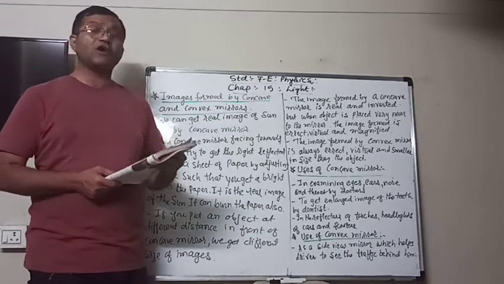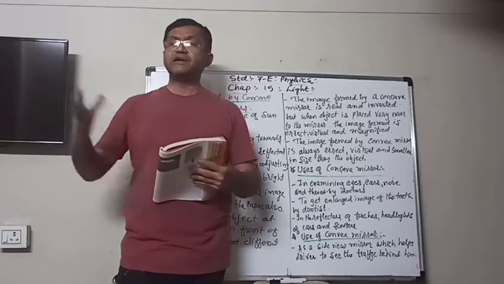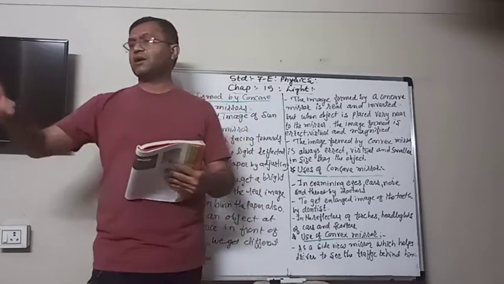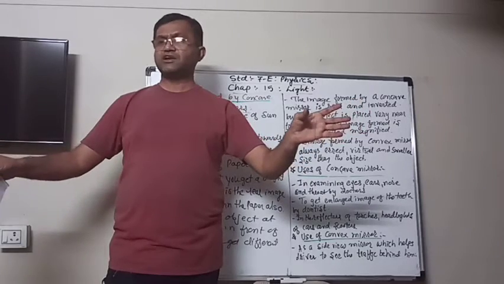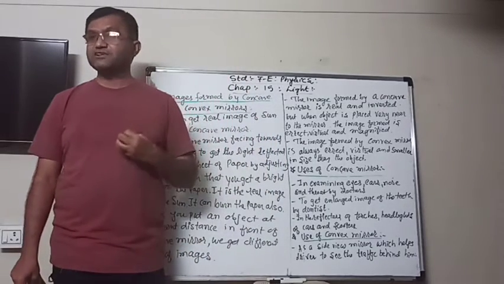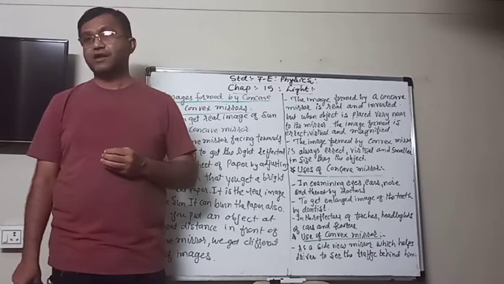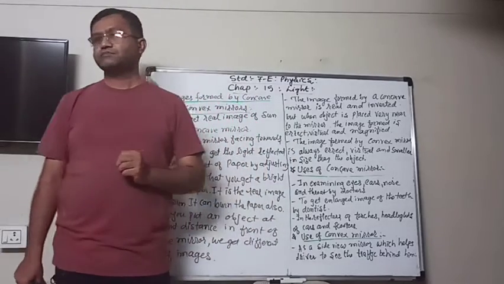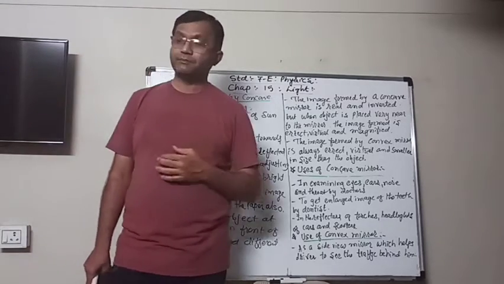Now the convex mirror. A convex mirror is used only as a rear view mirror, like on the sides. In all vehicles you see that there are side mirrors, generally on both sides, and those are convex mirrors. A convex mirror always gives a virtual and erect image, and it can also cover a large area, and therefore the vehicle driver can be aware of the traffic behind him.